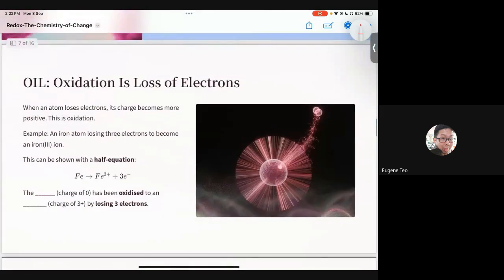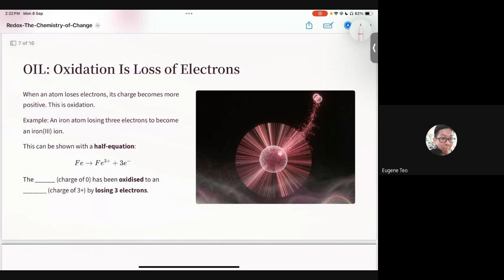So let's look at this one over here. Oxidation is loss of electrons. Let's see how it looks. When an atom loses electrons, its charge becomes more positive. This is oxidation. So more positively charged. Okay, this actually tells you that it is oxidation, because how did it become more positively charged?